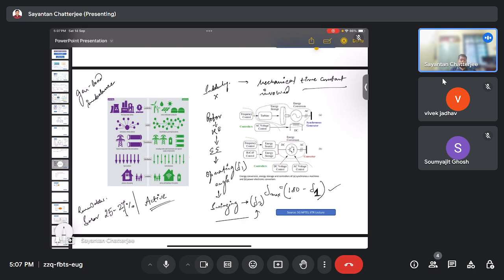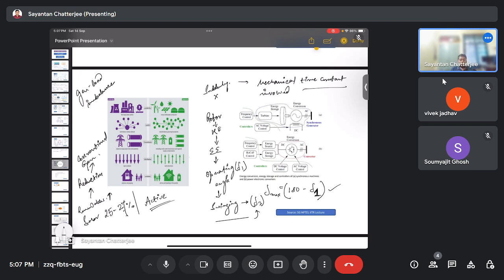Now, with the increment in solar, there's a reduction in conventional generators.